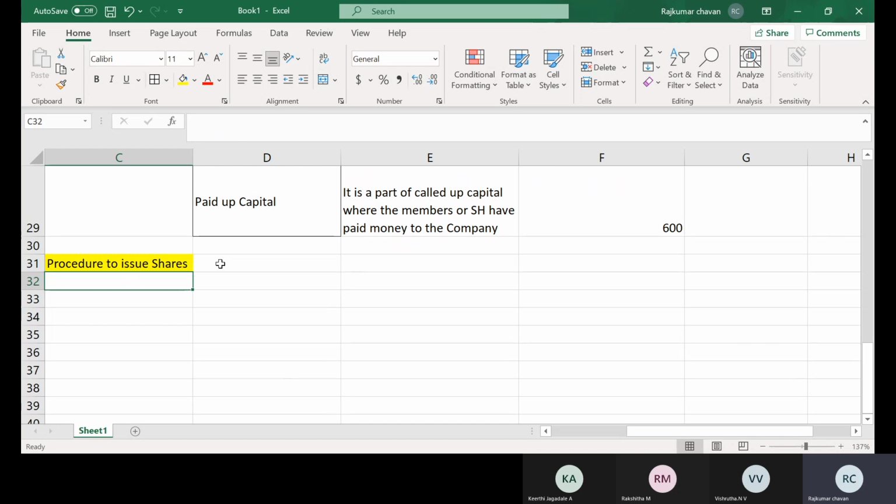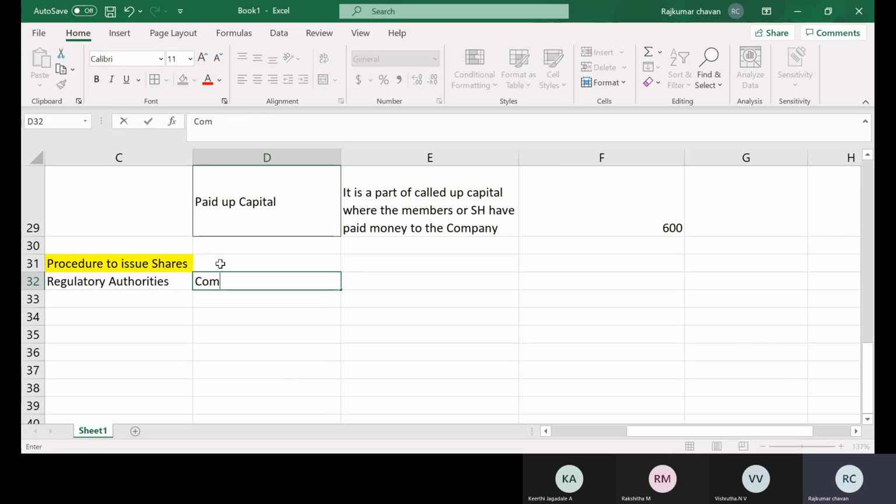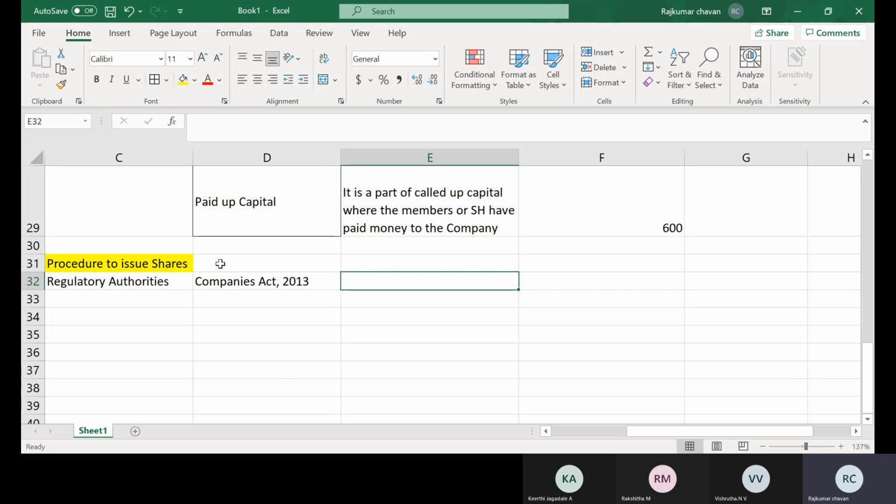First, remember they have to follow the regulatory authorities of the company. One is the Companies Act 2013, and the other is SEBI, the Securities Exchange Board of India. These are the two important regulatory authorities for any company when they are issuing shares.